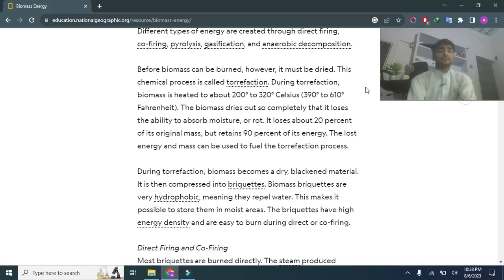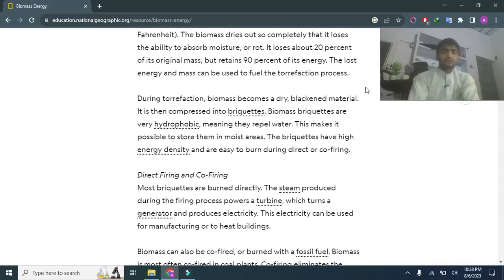Direct firing and co-firing. The direct firing produces steam during the firing process, which powers a turbine and produces electricity.